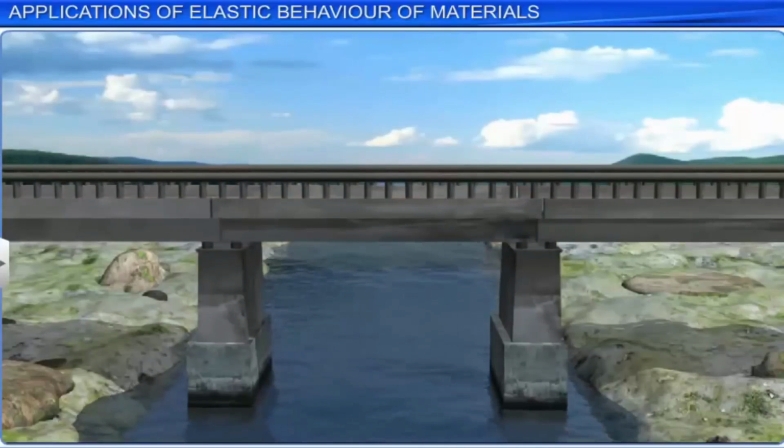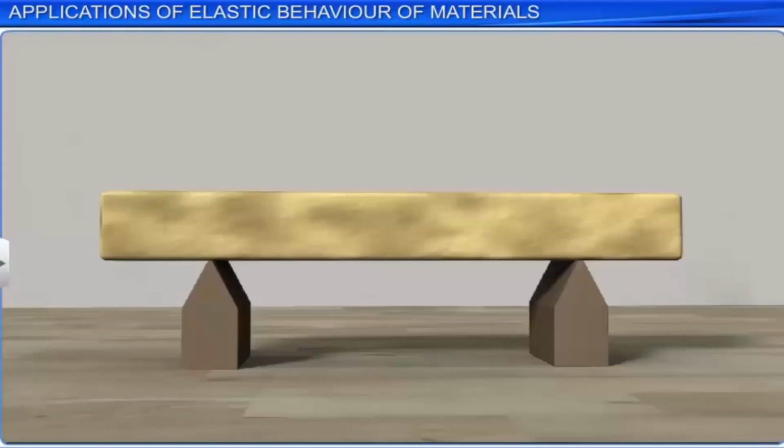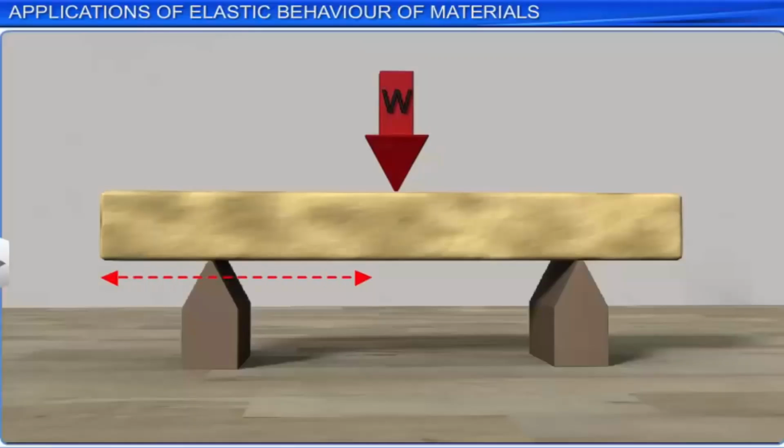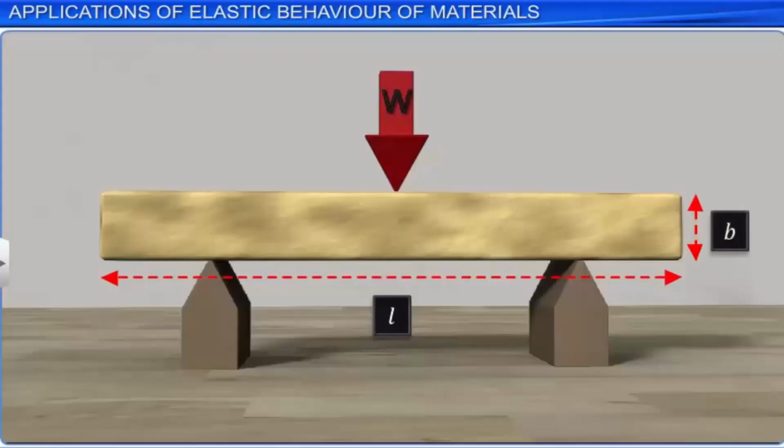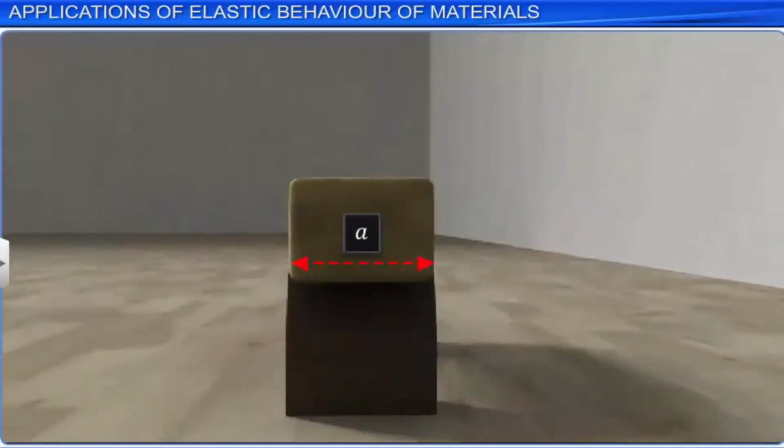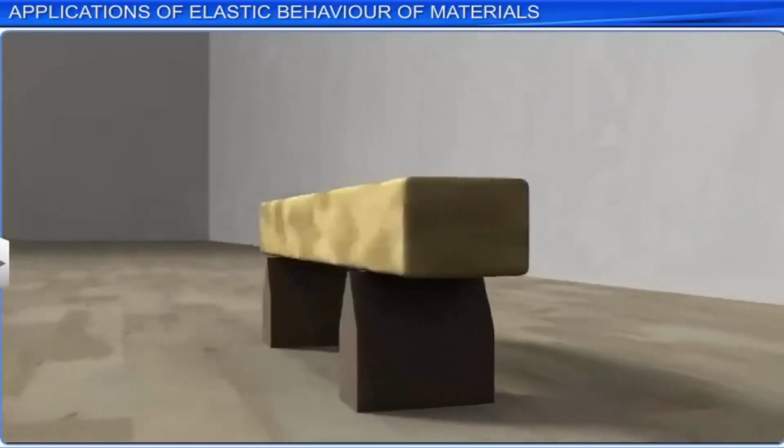Let us consider a beam resting at both ends, subjected to a load W at its midpoint. The beam has a length L, width B, and thickness A. When a load is exerted at its midpoint, it bends as shown.